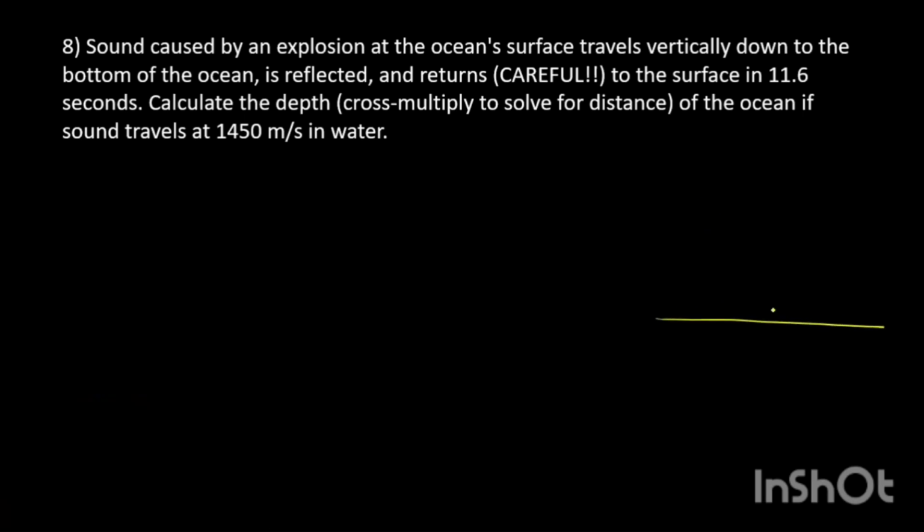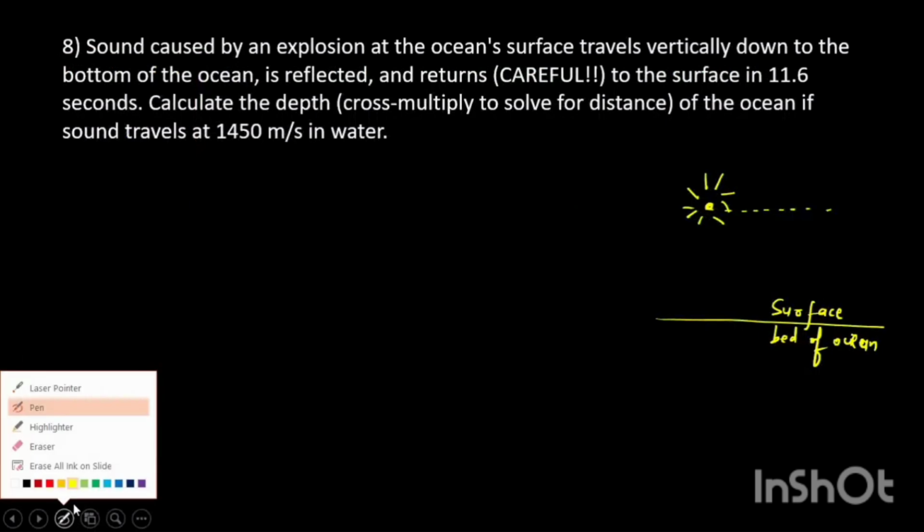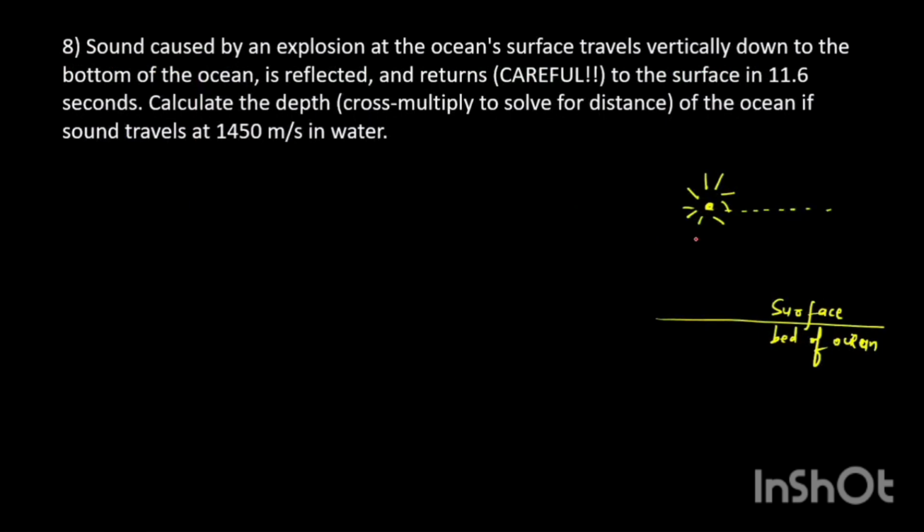Suppose this is the surface of the ocean, and this is the bed of the ocean, and there is something which causes an explosion at this particular point. Because of that explosion, sound travels to the bottom and then goes back up.